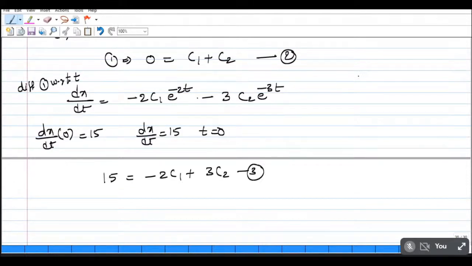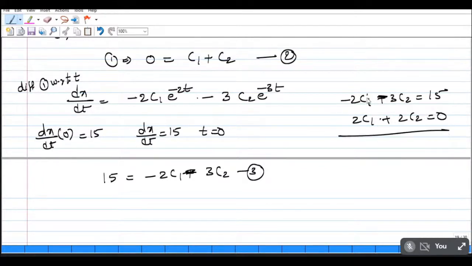Solve equations 2 and 3. Equation 3 is minus 2C1 minus 3C2 equal to 15. Multiply equation 2 by 2 and add. C2 is minus 15, and from equation 2, C1 is minus C2.